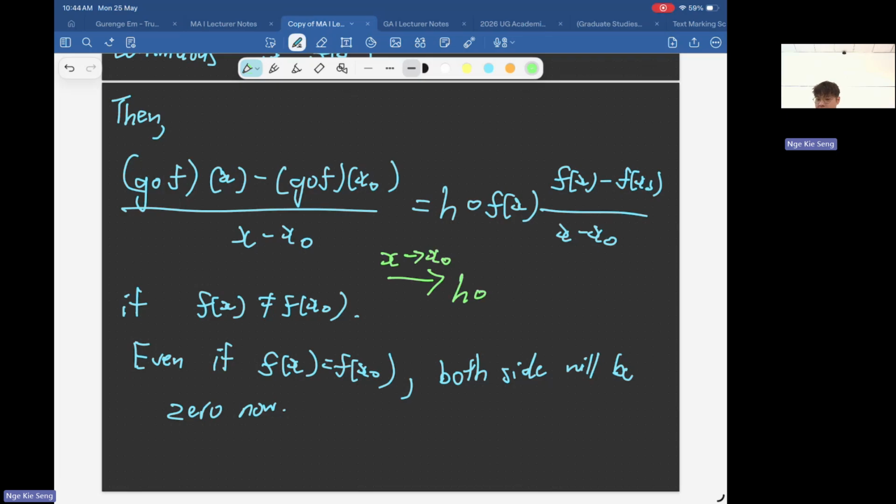We know that h f will converge to Sn, Sn will converge to S naught, and on the other side, because f is differentiable, the gradient of the secant of f is converging. Then altogether we'll get g prime f x naught times f prime x naught.